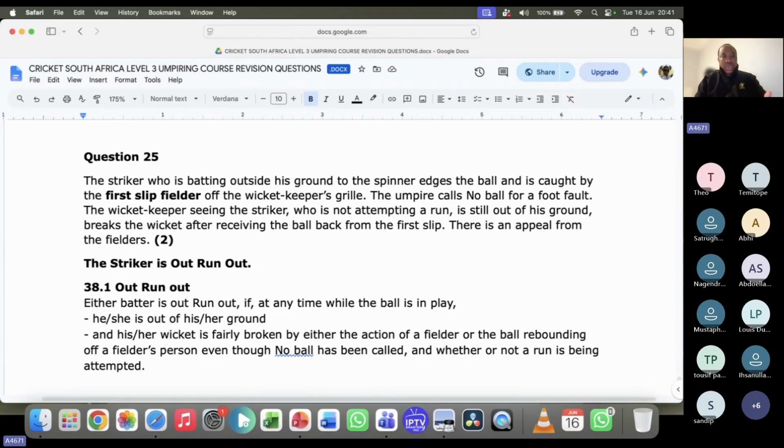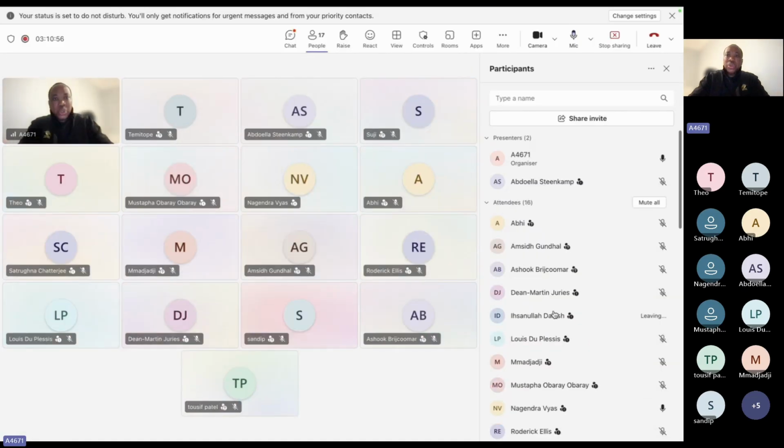And we all know that a striker cannot be out stumped off a no ball. But because the first slip fielder was involved in this run out appeal, then yes, the striker is out, run out. I hope you understand the difference between those two scenarios and why the striker is out, run out in this scenario, Nagendra.